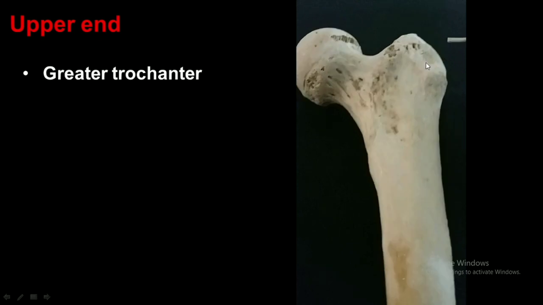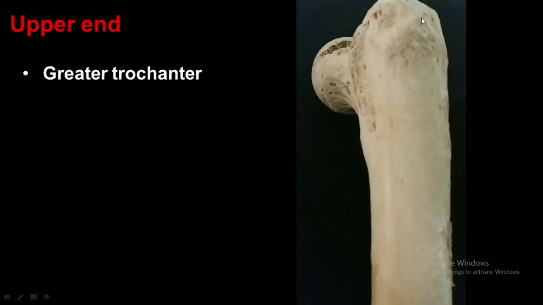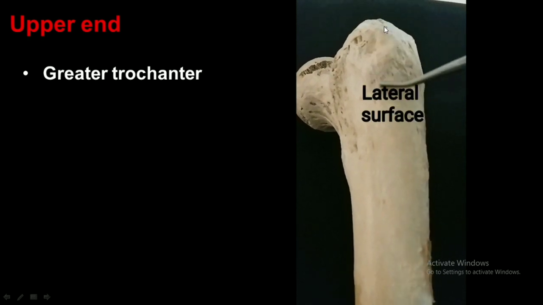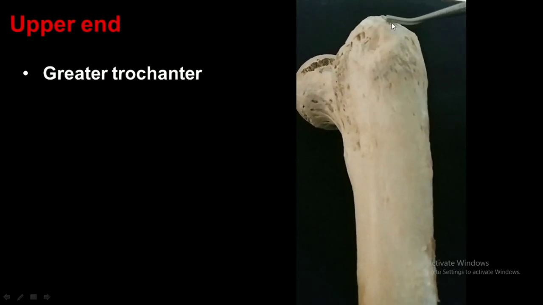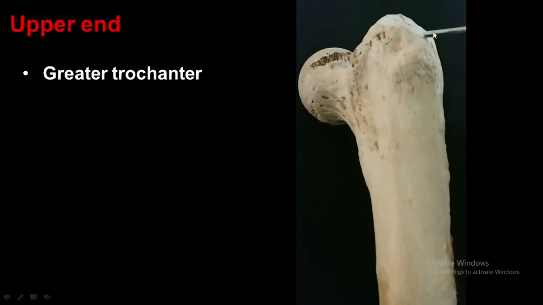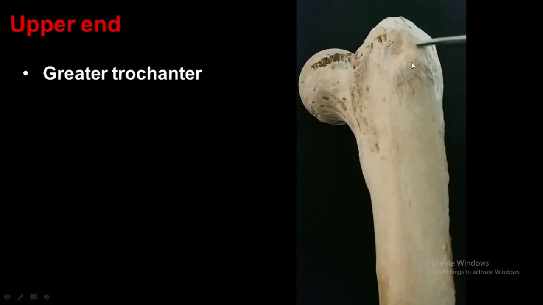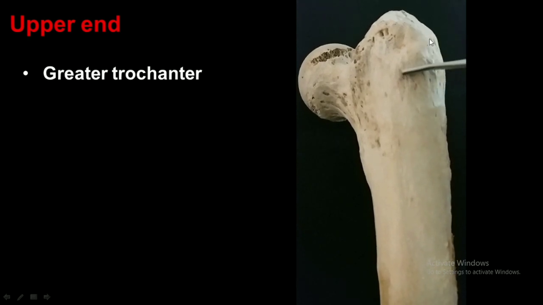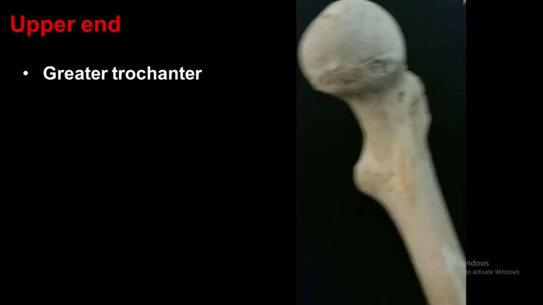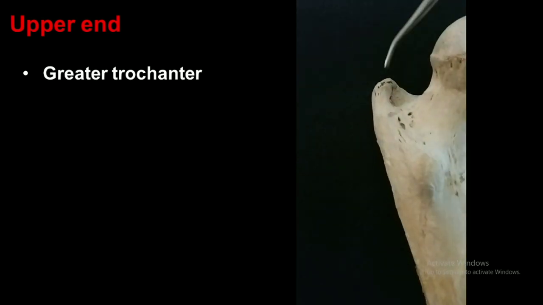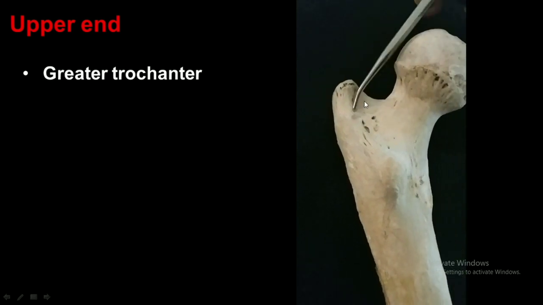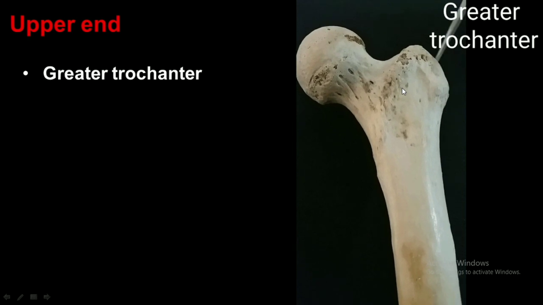This is the lateral surface of the greater trochanter, and in the lateral surface there is one ridge that comes downward and forward, and also this is the medial surface. Okay, this is the trochanteric fossa.